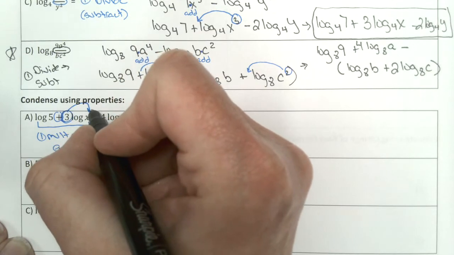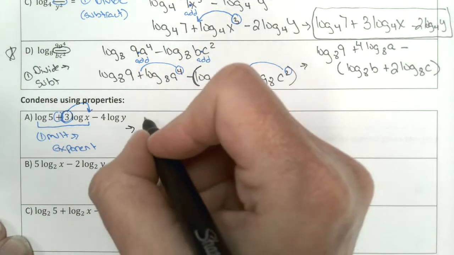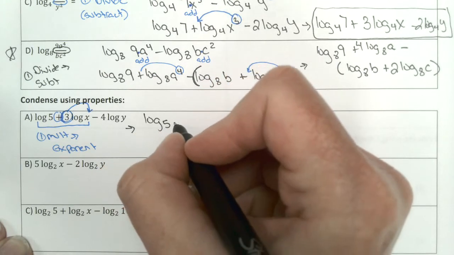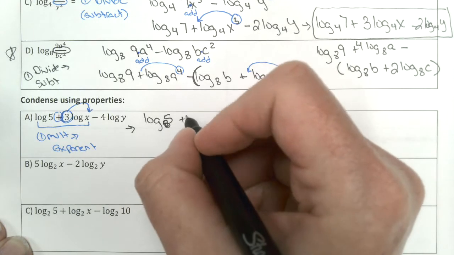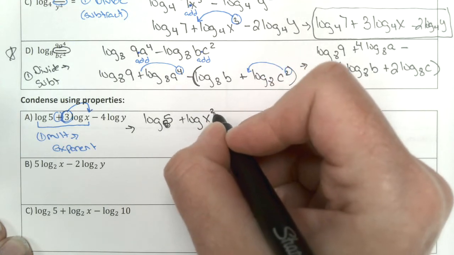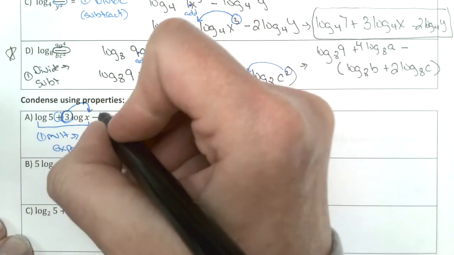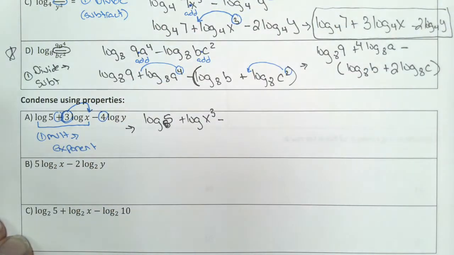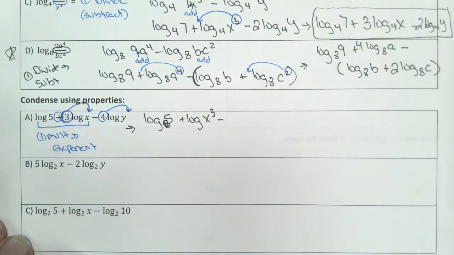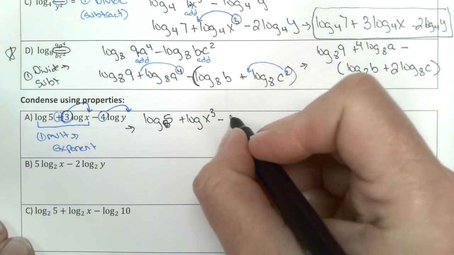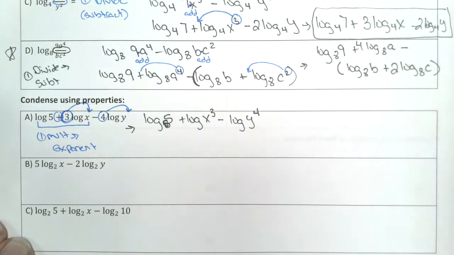So I'm going to take the 3 and I'm going to move it back here. So that gives me log 5, I guess I have a base 10, plus log of x to the third minus, and I guess I should take care of everything at once. I see another 4 out in front that shows multiply. I'm going to move that back to the exponent position. Minus log of y to the fourth.